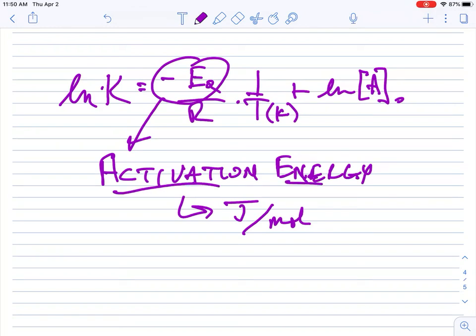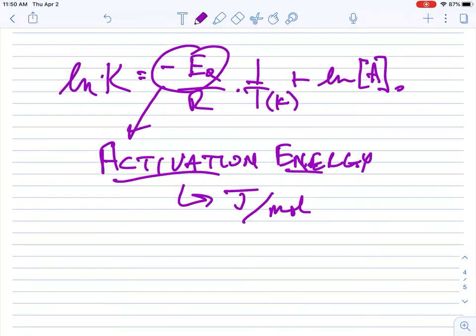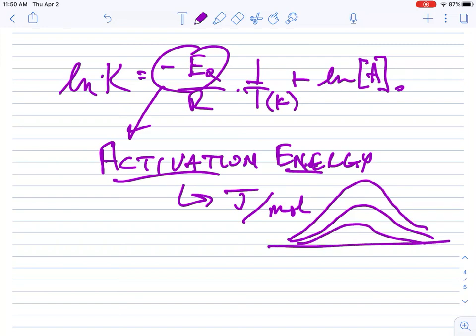So if you want to look at a chemical reaction as being like a roller coaster, what the activation energy tells you is how high that initial rise is on a roller coaster. Some reactions have very small activation energies. Some reactions have quite large activation energies. We're going to spend a lot more time talking about activation energy eventually because it's important in terms of rates of reactions.